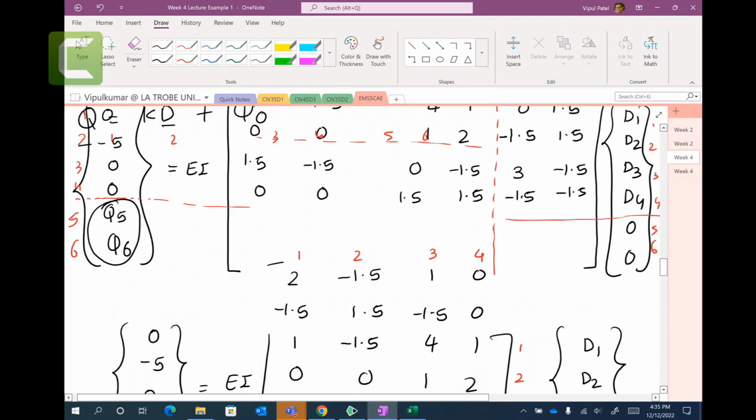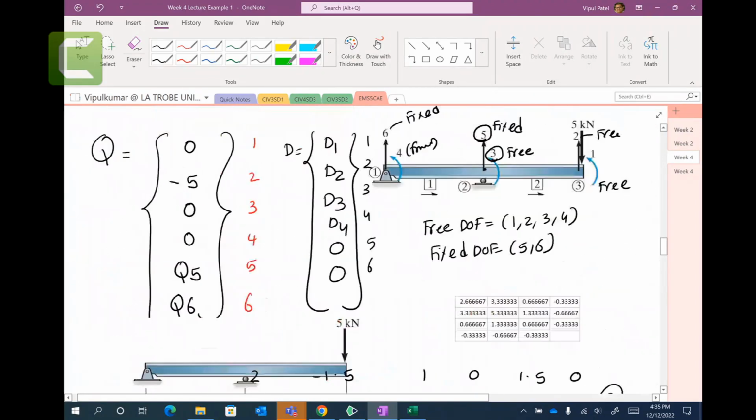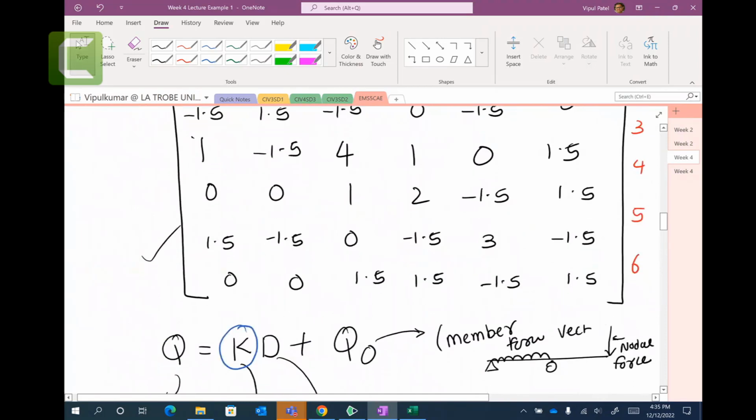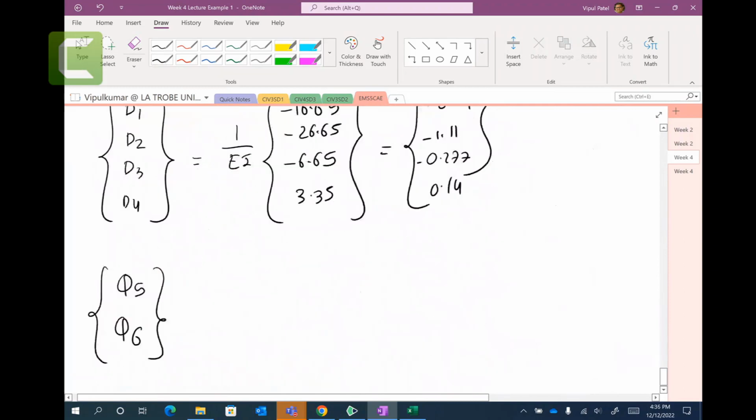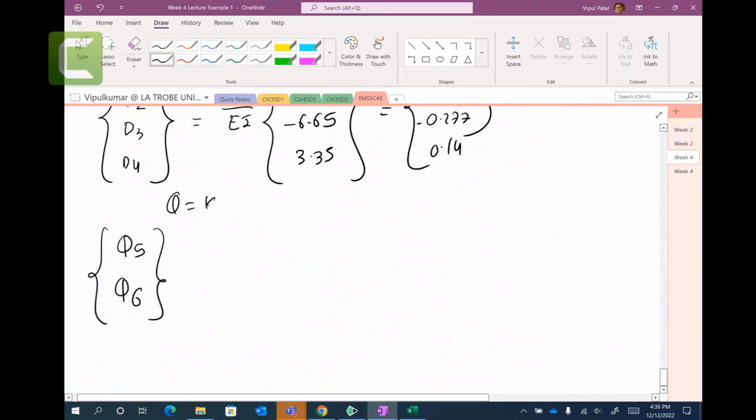And if you remember, it's written here 2 by 2, 1.5 and minus 1.5, and 0, 0. So by the way, this is Q equal to KD, and this Q0 is 0, equal to EI times 1.5, minus 1.5, 0, 0. Where is it coming from? Here, by the way.